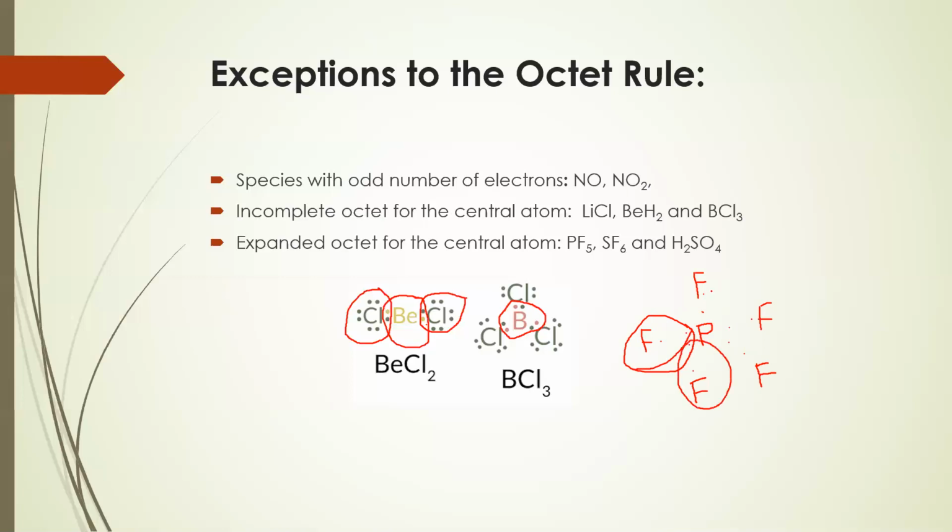But we are focusing on the phosphorus, which has 10 electrons in its outermost shell: 1, 2, 3, 4, 5, 6, 7, 8, 9, and 10. So it has more than 8 electrons. Similarly, you can check SF6 and H2SO4, where S will have 12 electrons as the central atom, and yet it is stable.